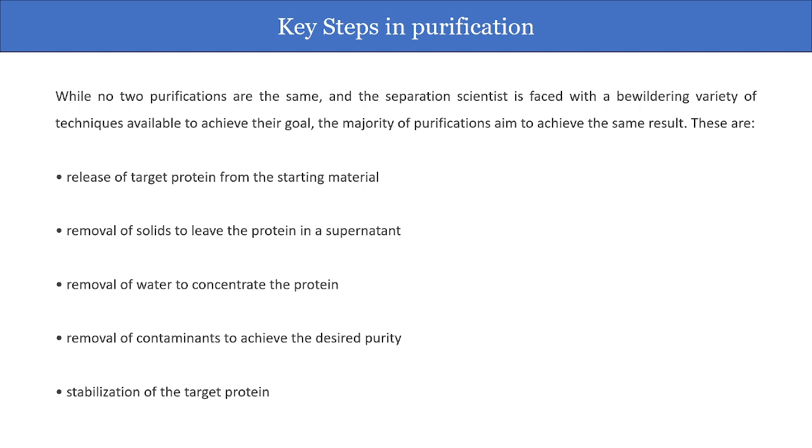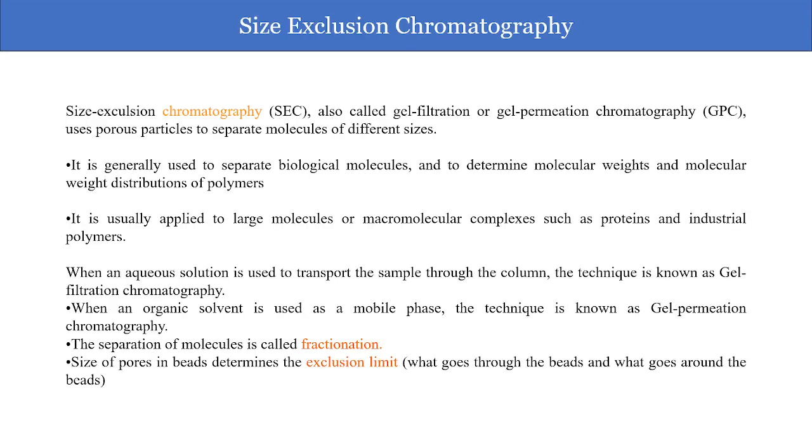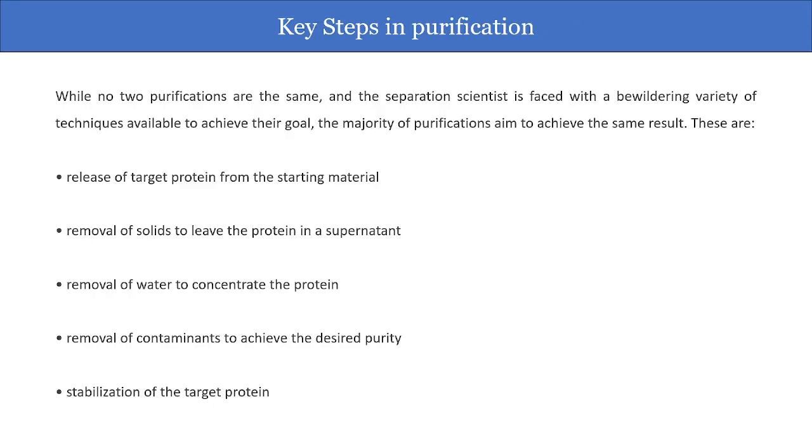Removal of solids to leave the protein in the supernatant. Removal of water to concentrate the protein. Removal of contaminants to achieve the desired purity, and importantly, the stabilization of the target protein. So these are very important steps in purification, beginning with separating it from the crude extract, then performing the purification in such a manner that your protein is present in the soluble fraction, that is the supernatant.